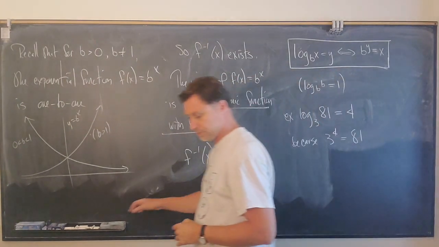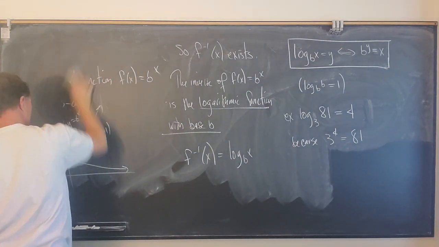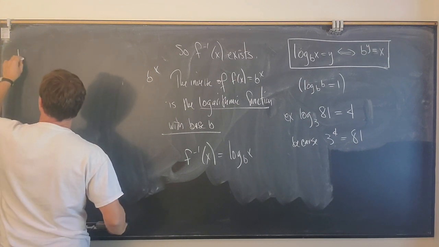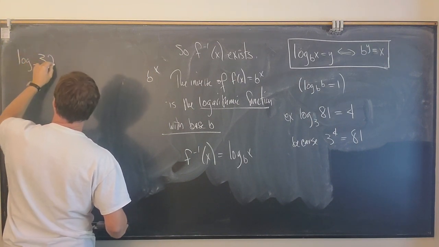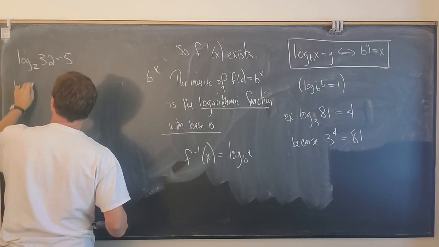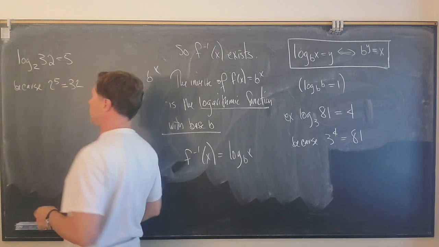Another example, log base 2 of 32 is equal to 5. Why is that? Well, because 2 to the 5th equals 32.